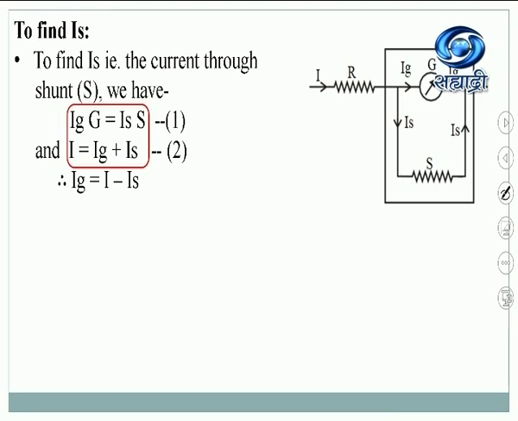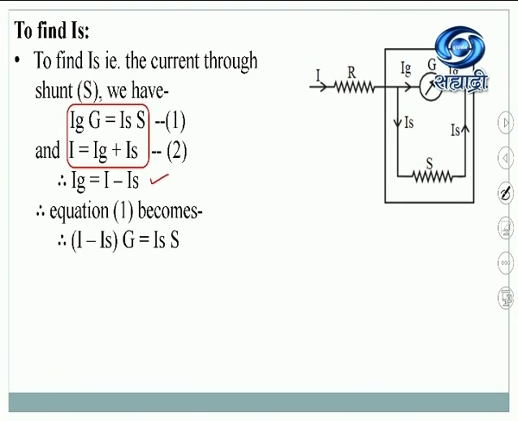Now, from equation 2, we have Ig equal to I minus Is. Substituting this in equation 1, what do we get?